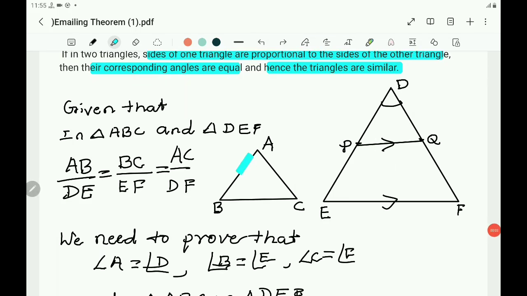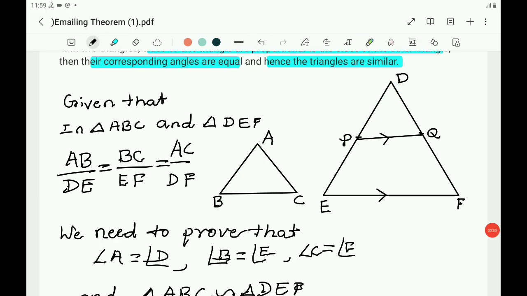Here we got AB is equals to DP and AC is equals to DQ. The construction we made that way only. We need one more equal part, that is a side only, because here we have to prove that angle B is equals to angle DPQ and angle C is equals to angle DQP.